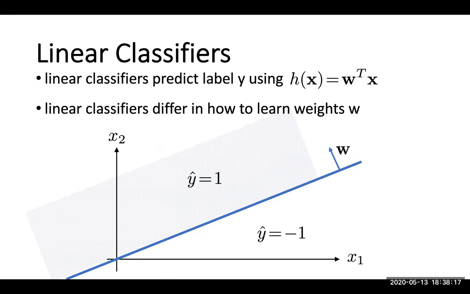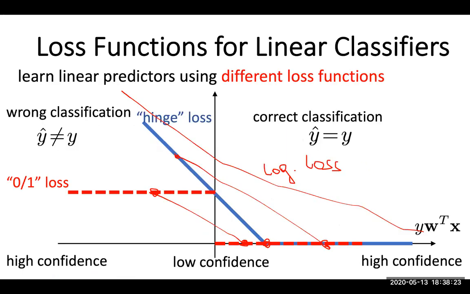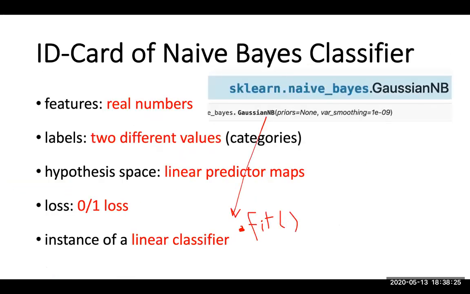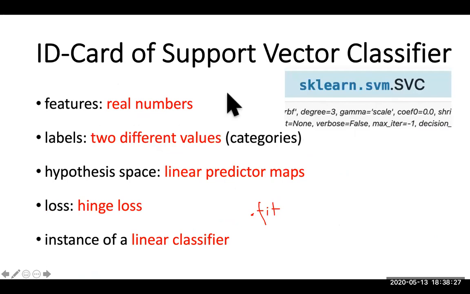Which loss function you use is up to you. It's a design choice. For some loss functions, there are useful Python implementations like these objects. But you can implement your own machine learning method using your own loss function, but then you cannot use these objects. Then you need to use some optimization method yourself.